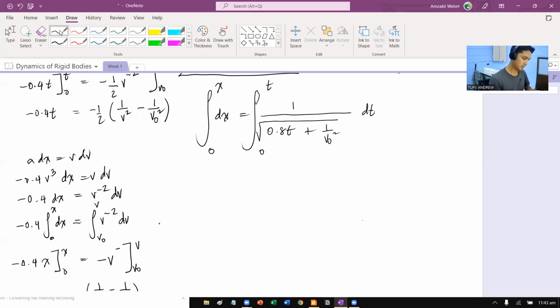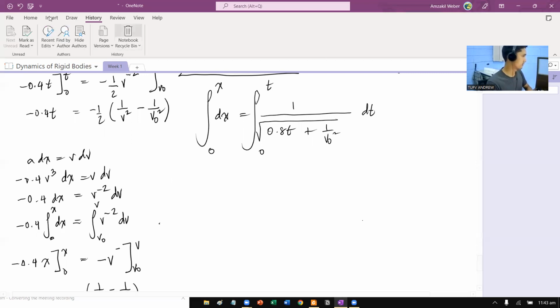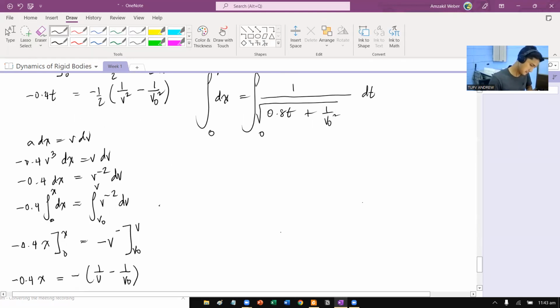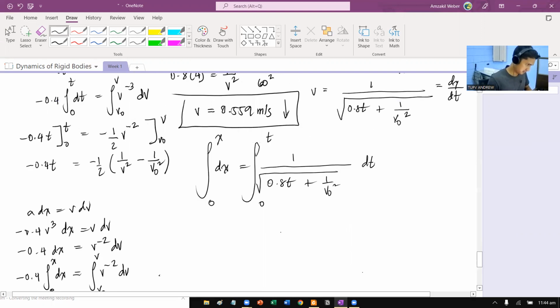Square root, pili natin na du. Ayang u. One half, click 1/2. This is dx.